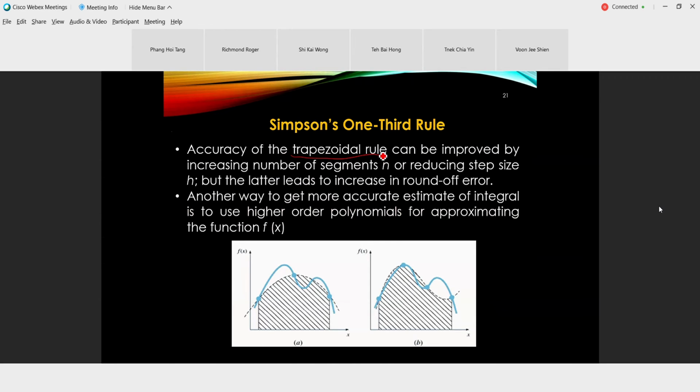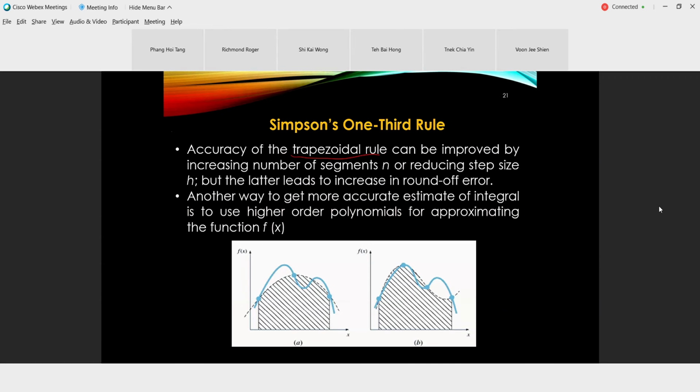The trapezoidal rule improves by increasing the number of segments n or reducing the step size h, but the latter leads to an increase in round-off error.